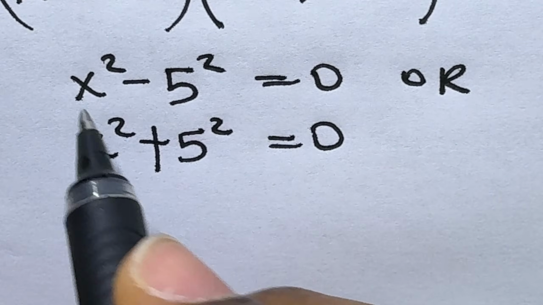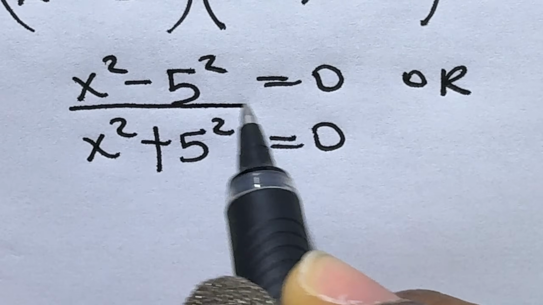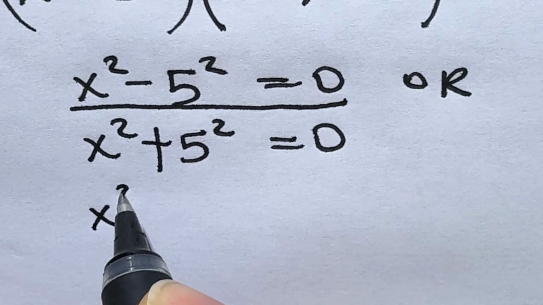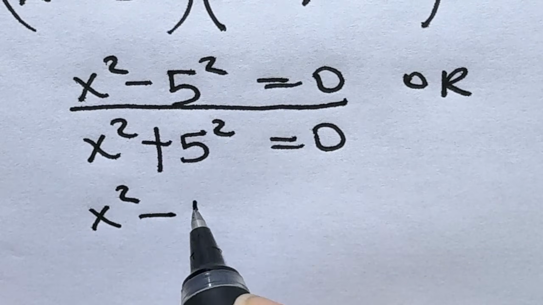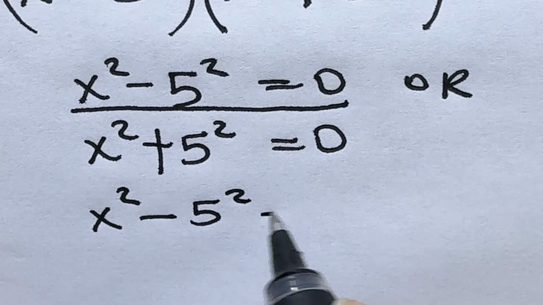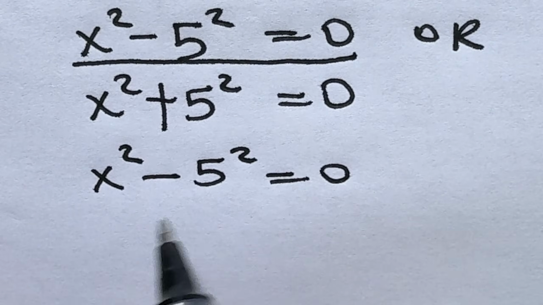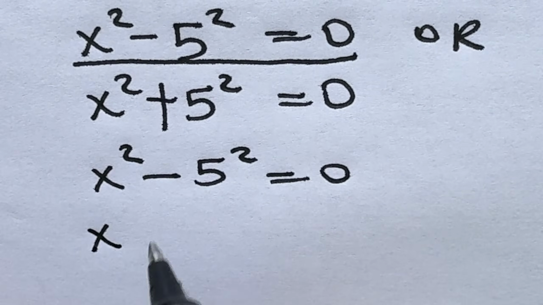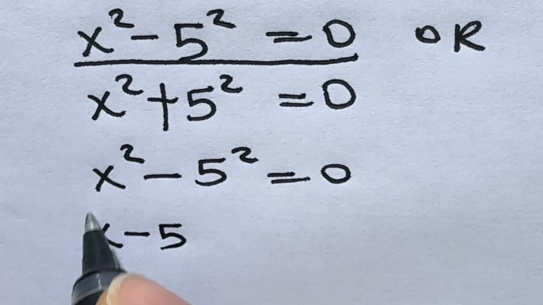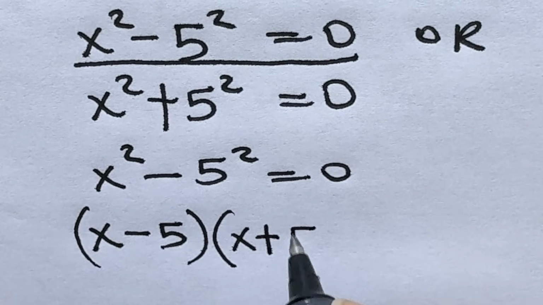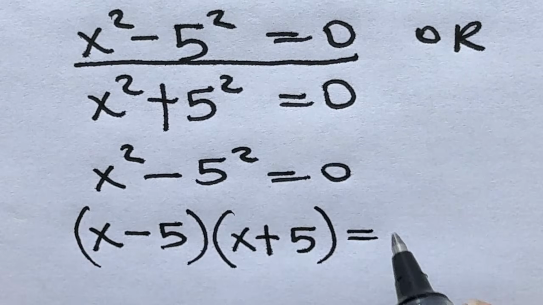For the first part, which is this one, we have x squared minus 5 squared is equal to 0. This is still difference of two squares, and we use the factorization from earlier to factorize further. So we have x minus 5, x plus 5 is equal to 0.